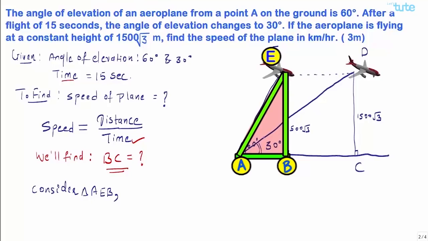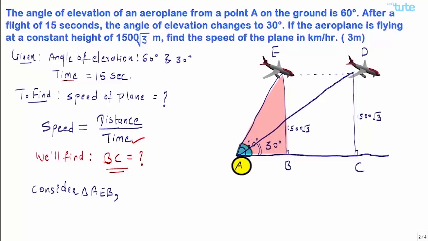Now in this triangle, angle A is 60 degrees and we know that side EB is 1500√3 meters and we have to find out AB. So here also we will use the trigonometric ratio tan theta, that is equal to the ratio of opposite side to adjacent side. Now let me tell you why I am using tan here. I am using tan because I know the angle theta, the opposite side, and I have to find out the adjacent side.